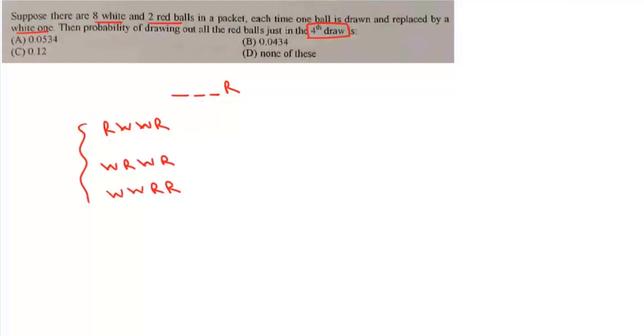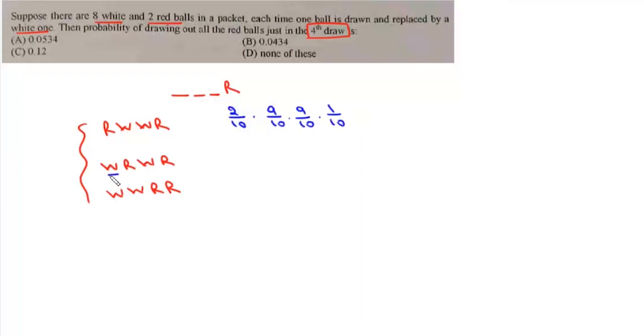Now probability of getting a red ball in this first part will be simply 2 by 10. Now probability of getting a white ball: since the first ball is red, it's being replaced with white. So now we have 9 white and 1 red. So it will be 9 by 10 into 9 by 10 into 1 by 10.